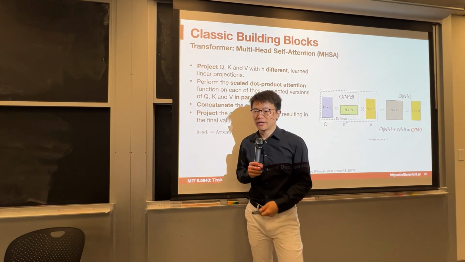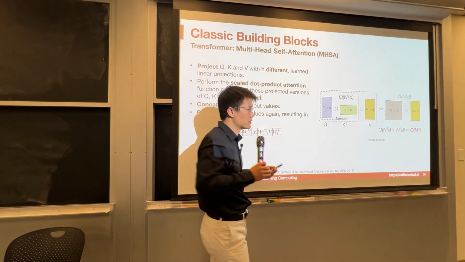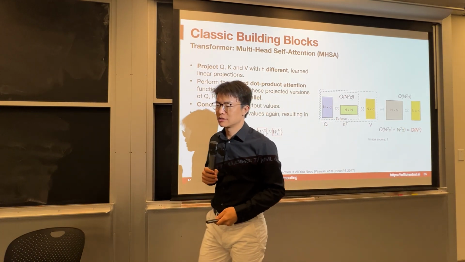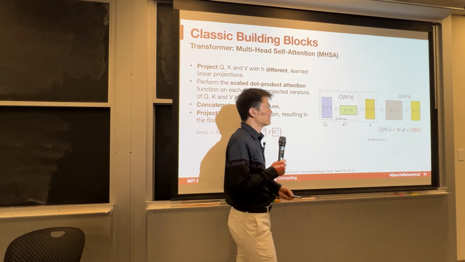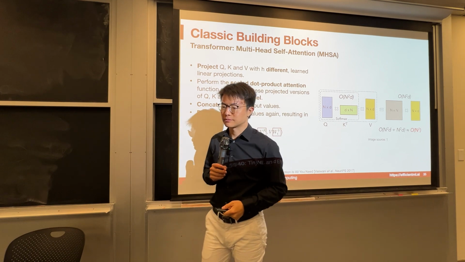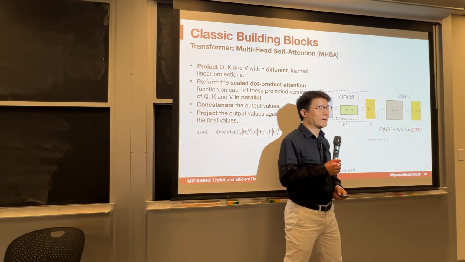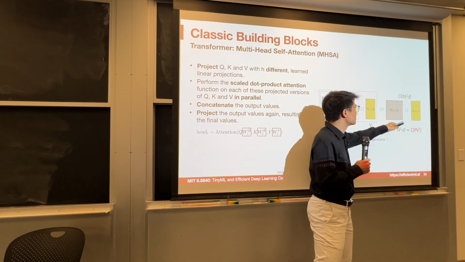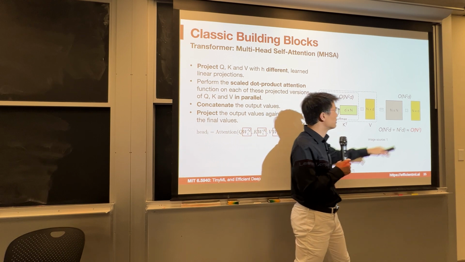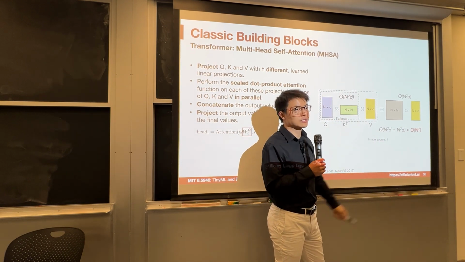And we want to scale it, because whether the hidden dimension is larger or smaller, we don't want the attention map to look different. So you scale it by dividing by the square root of the hidden dimension. So you get this n by n attention map. And you use this n by n attention map to linearly project the V matrix, the V matrix in yellow.